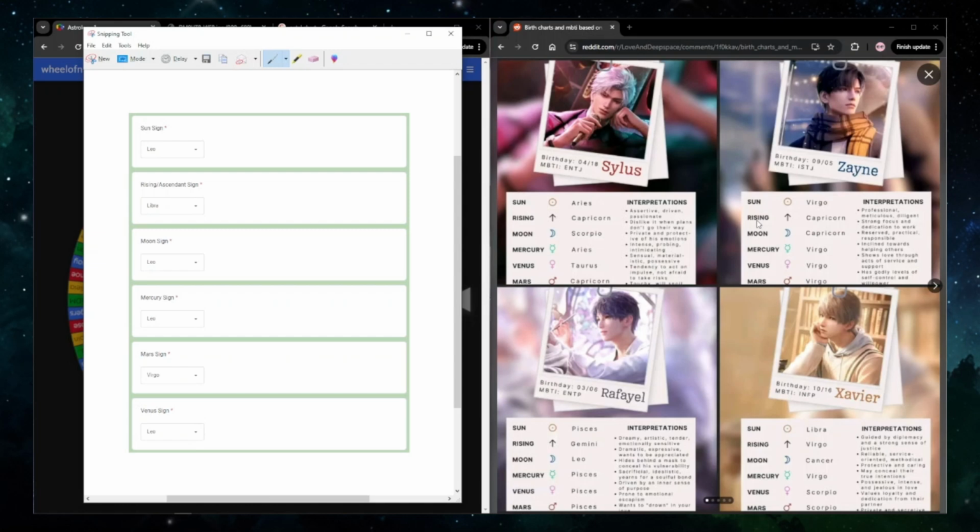Let's see. So you want somebody who has the Leo energy, right? Because that's what you have in your Venus sign. And he exudes somebody who is a Capricorn, because that's what he has in his Mars.